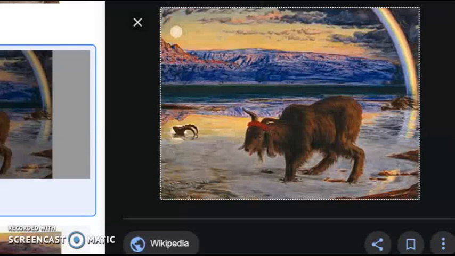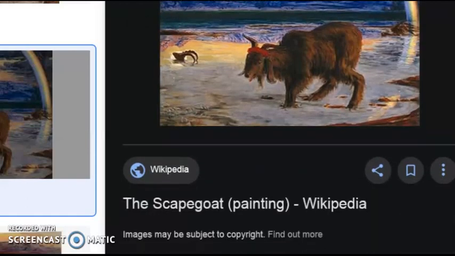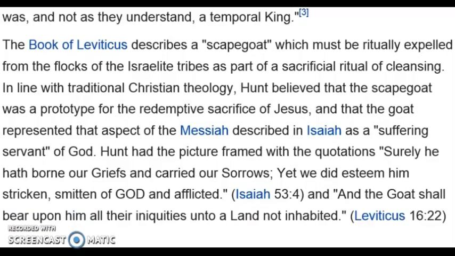Right, so a little further study on this William Holman Hunt picture, The Scapegoat, which seems to be a very sinister little painting.